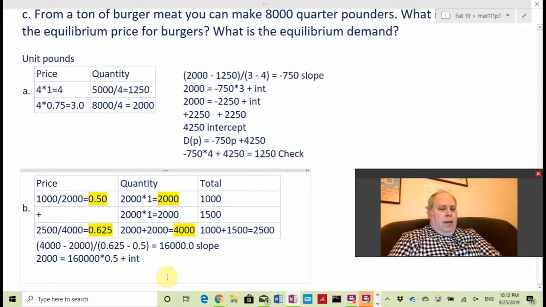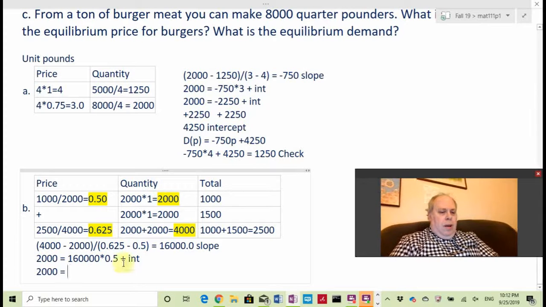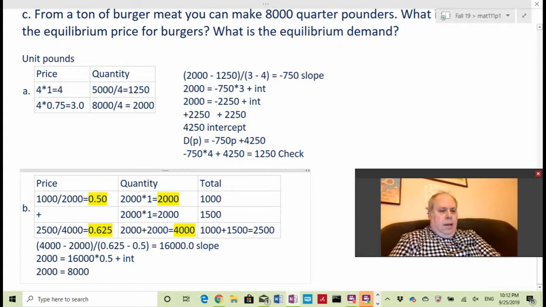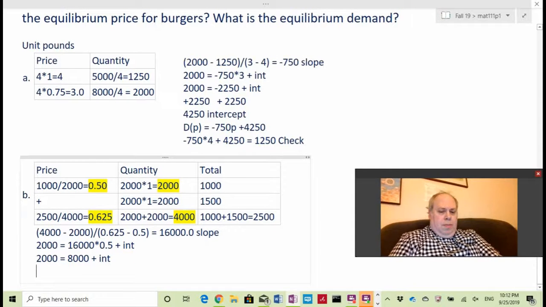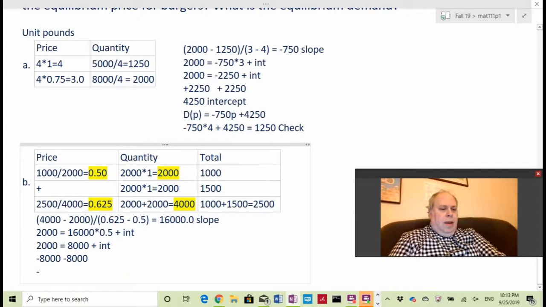Okay, well, this is going to be 2,000 equals 8,000. Oh, by the way, this should be 16,000, not 160,000 there. Have to make sure you don't copy wrong. 8,000 plus the intercept. We subtract 8,000 from both sides. And that gives us negative 6,000 as the intercept.